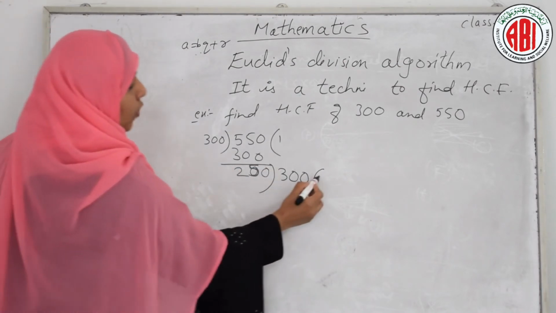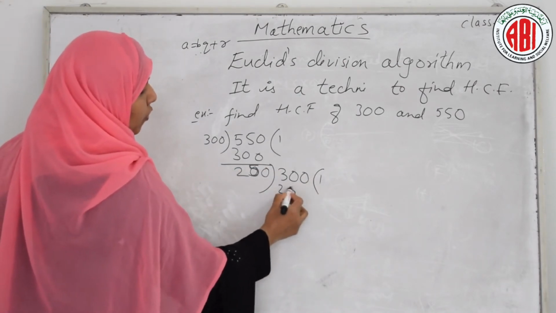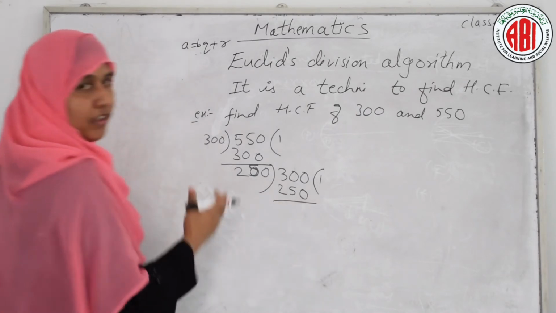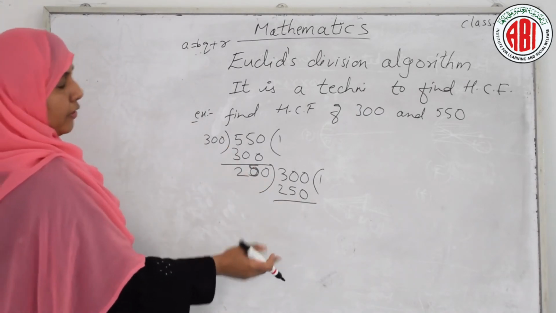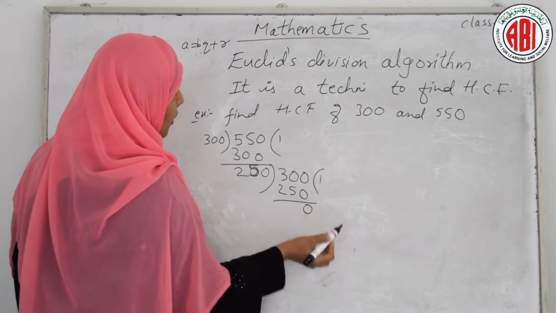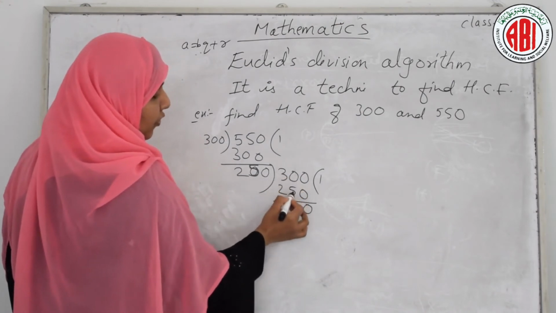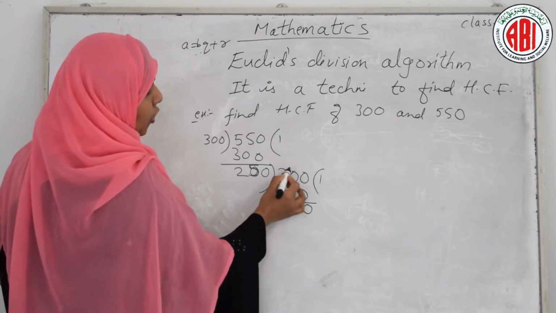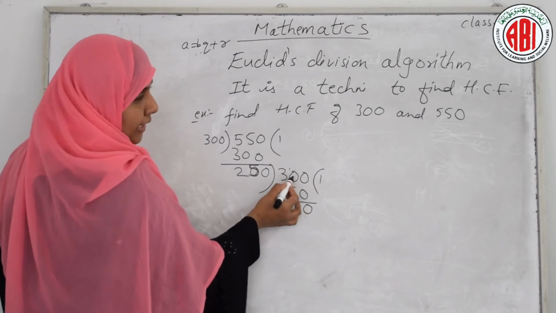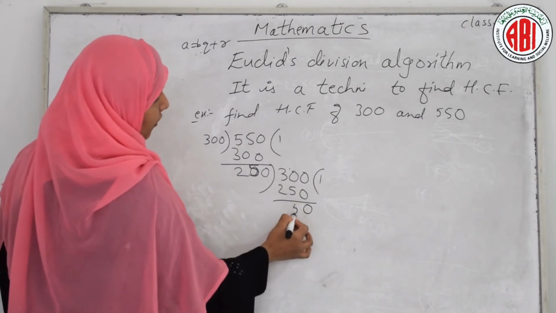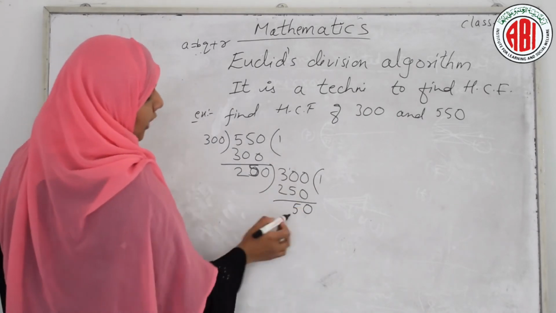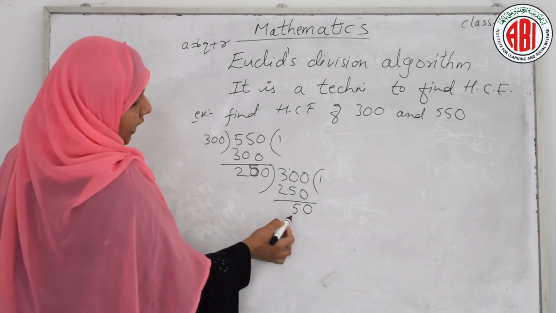Now 250 ones are 250. We subtract this to get the remainder. 0 minus 0 is 0. From 0 we can't subtract 5, so borrow 1 and we get 10. 10 minus 5 is 5. 50.